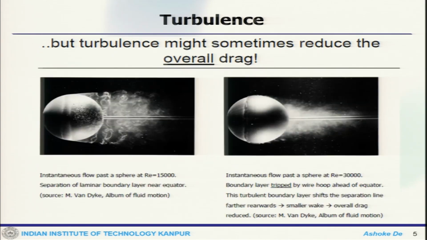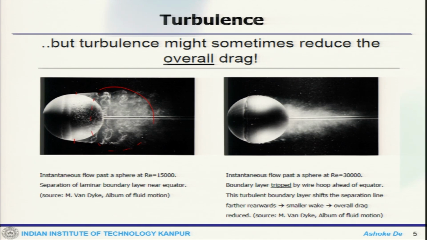All these are associated with that, and this is a schematic. Now if you look at it more closely, on one hand, when things are turbulent, that sometimes reduces the overall drag. This is the picture that we looked at earlier also. This is R equals 15,000. You see the boundary layer which separates near this point. This is the separation point.